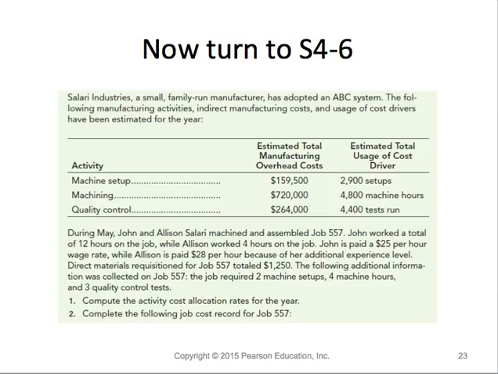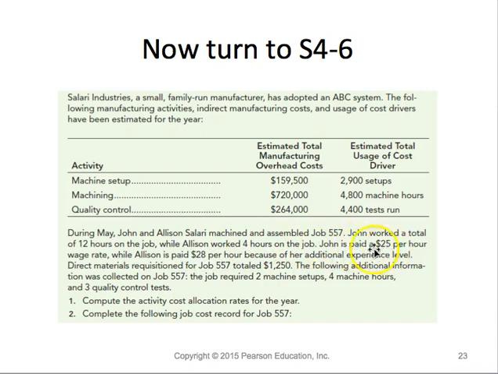Let's take a look here, and we have some numbers for 557, and job 557 has two people, John and Allison, who machined and assembled the job. John worked 12 hours, and Allison worked 4 hours.